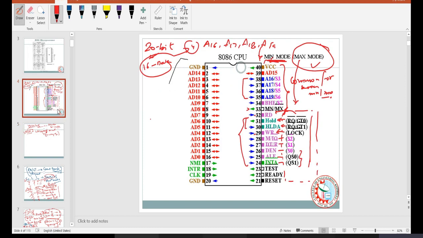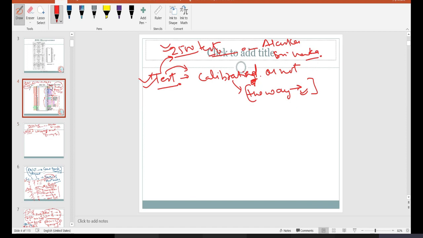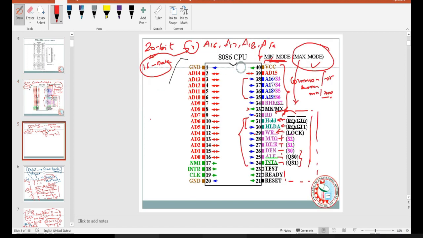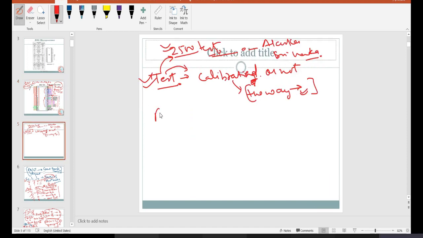Fine. Ready and reset are again processor signals. Ready is for checking whether the processor is ready to operate or not. Fine. So this is again an input signal. We provide ready and then we check whether the processor is ready or not.